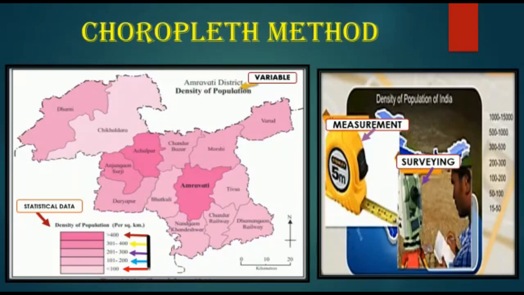So each class is assigned a unique tint of the same color. The shades or the patterns become darker with the increasing values of a given variable.